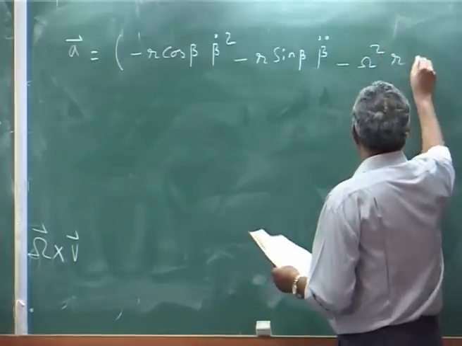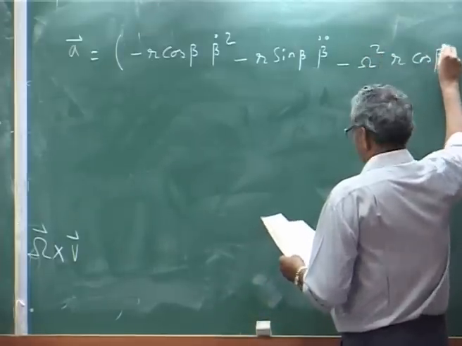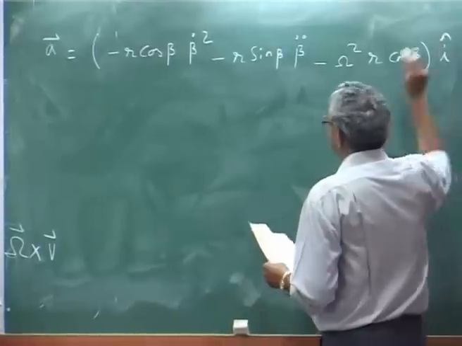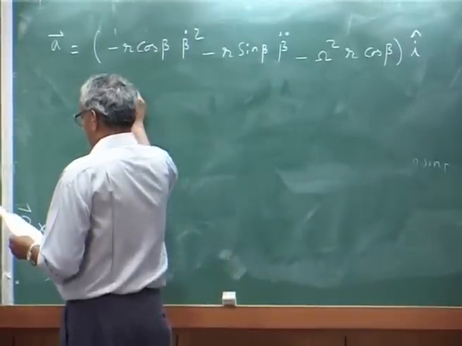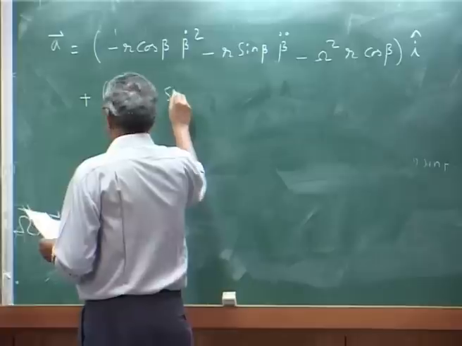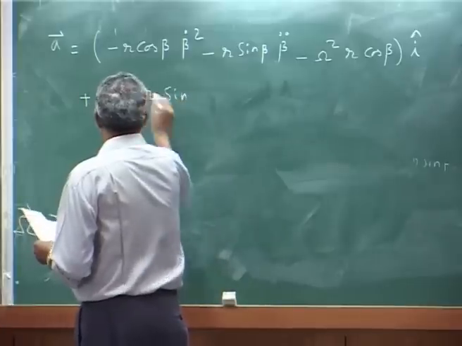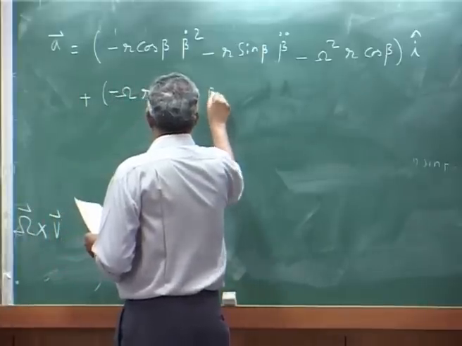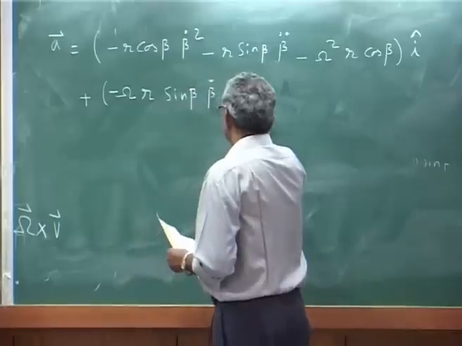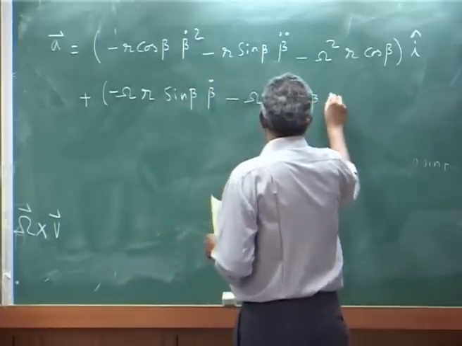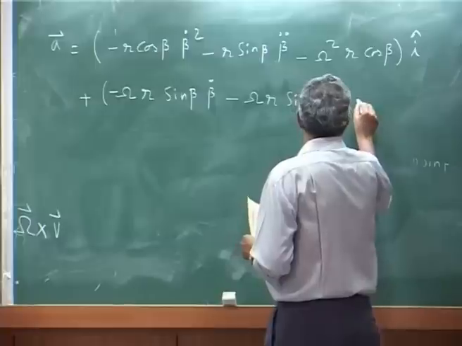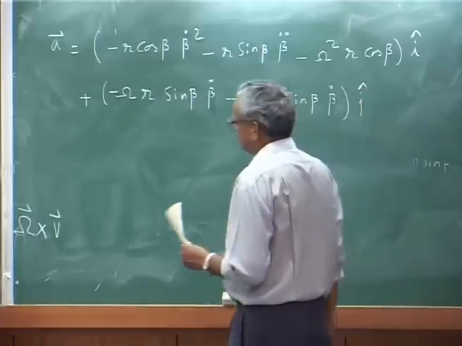Omega square r cosine beta I. Then plus, with a minus sign, omega r sine beta, beta dot. This is j.